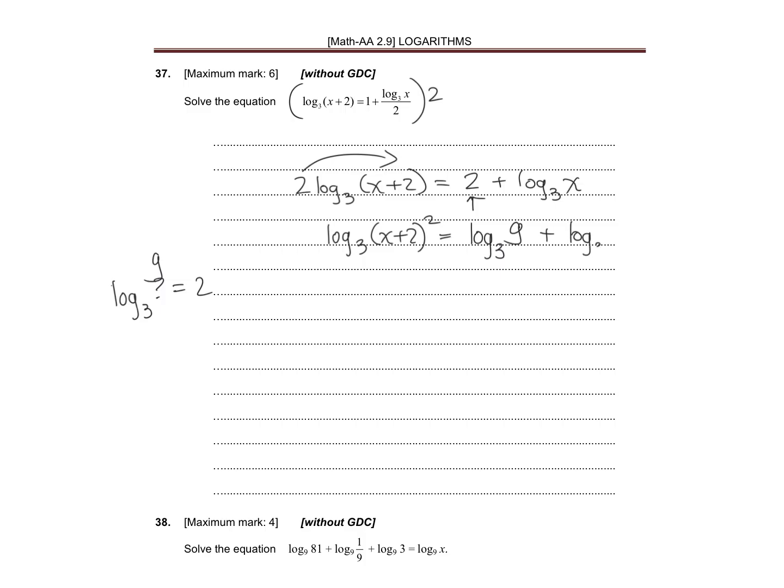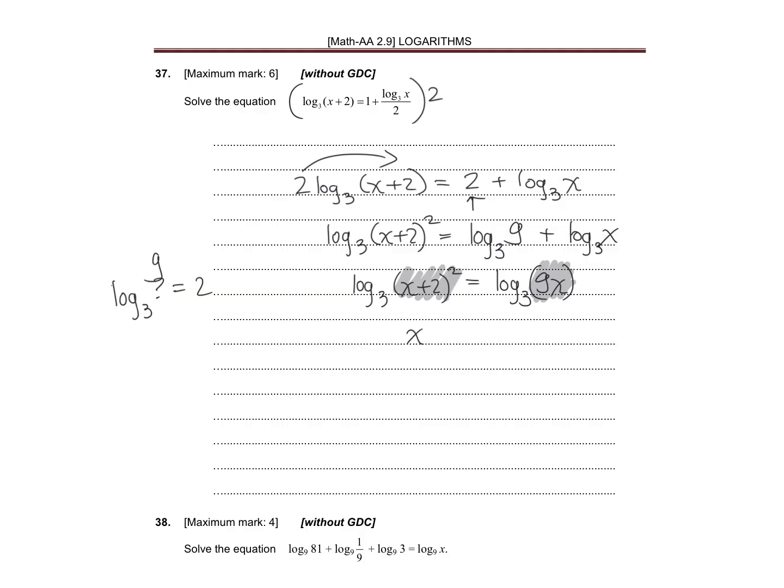And then we have still this. Okay, so this side's fine. It's all together. But this one, now joining those together, it's going to be 9x. So just like the last one, we've got log base 3 of that equals log base 3 of that. Those two things have to be equal.